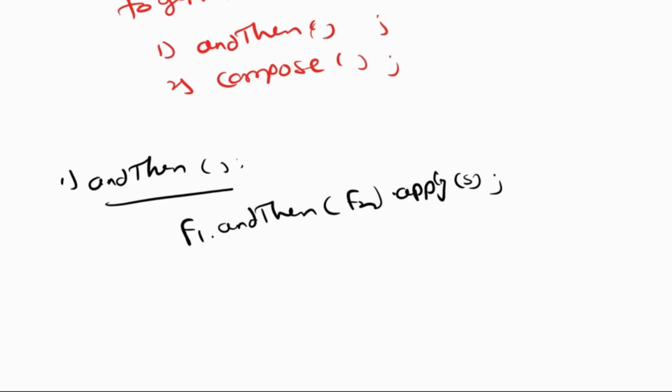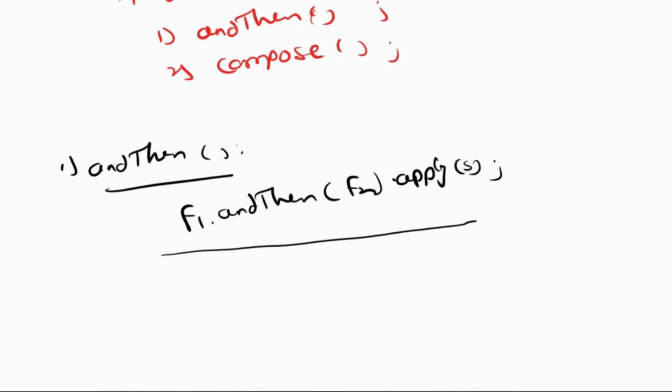So this is the syntax of how you can write and use the andThen method. Working of the andThen method is, first of all, function 1 will be executed. On top of that result, F2 will be executed. Both will be applied on whatever input string we are trying to apply for this method. So this is the working of the andThen method.